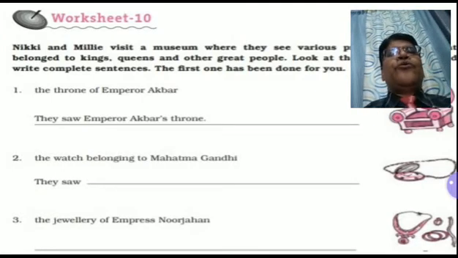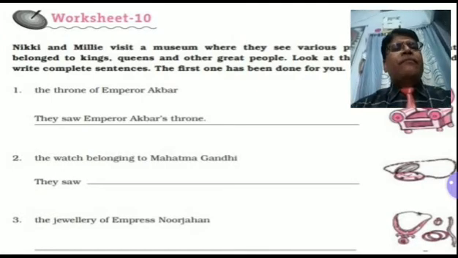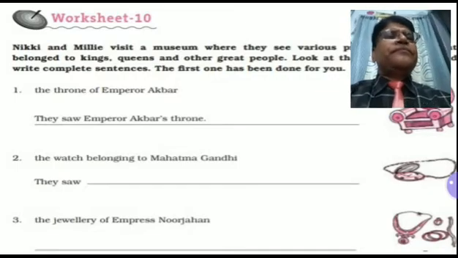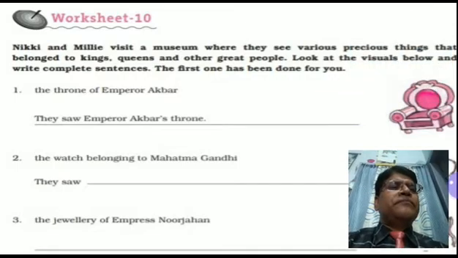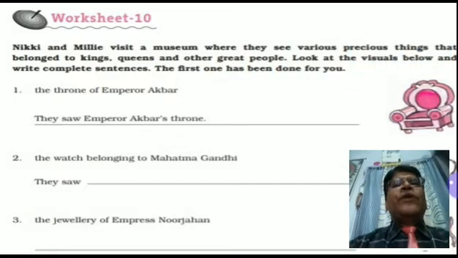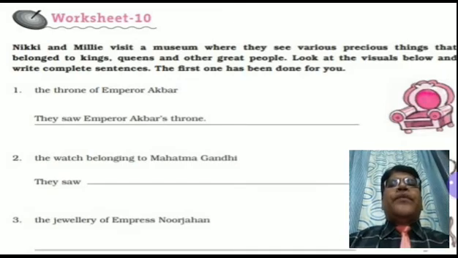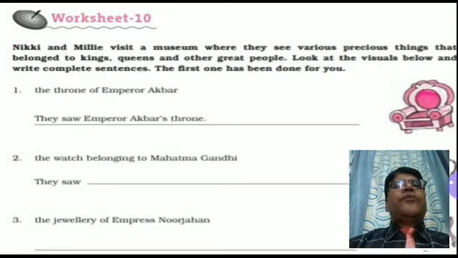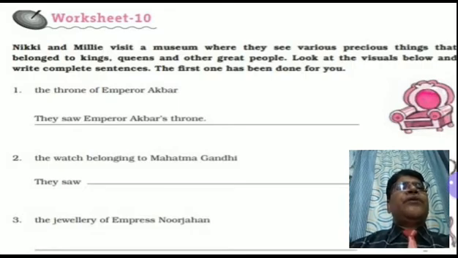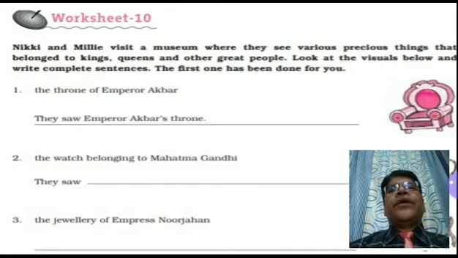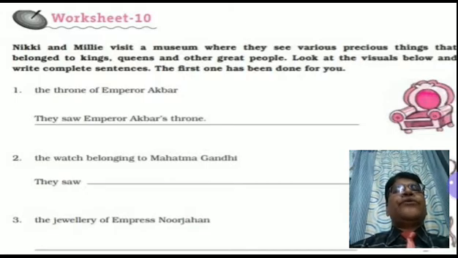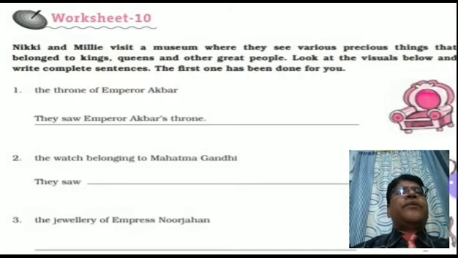Now come to worksheet 10. See what is here. Nikki and Millie visit a museum where they see various precious things that belonged to kings, queens, and other great people.